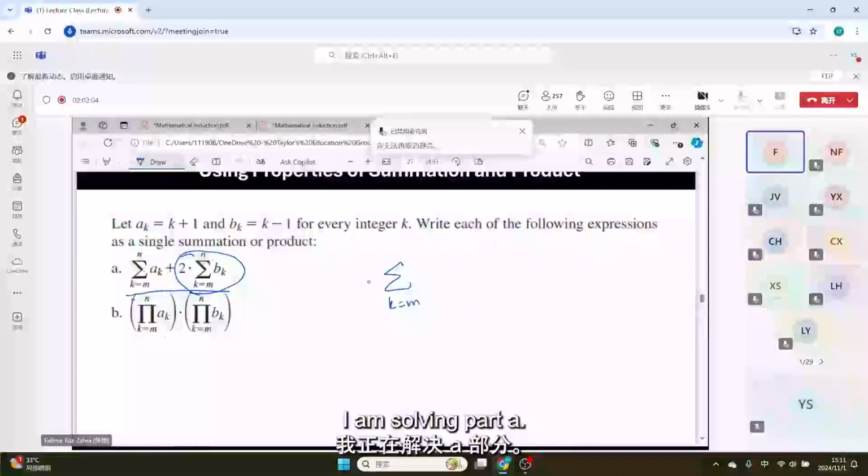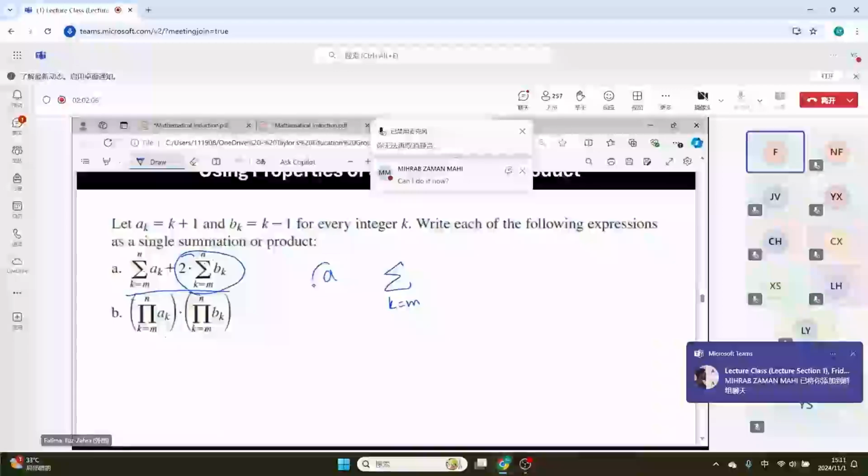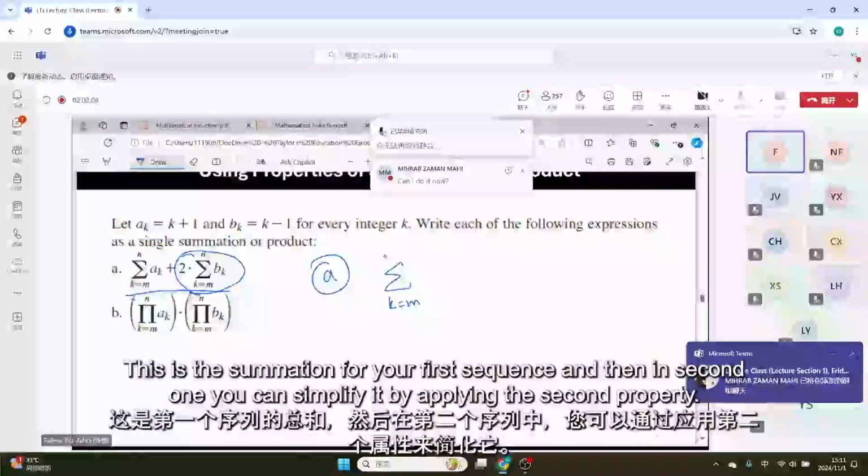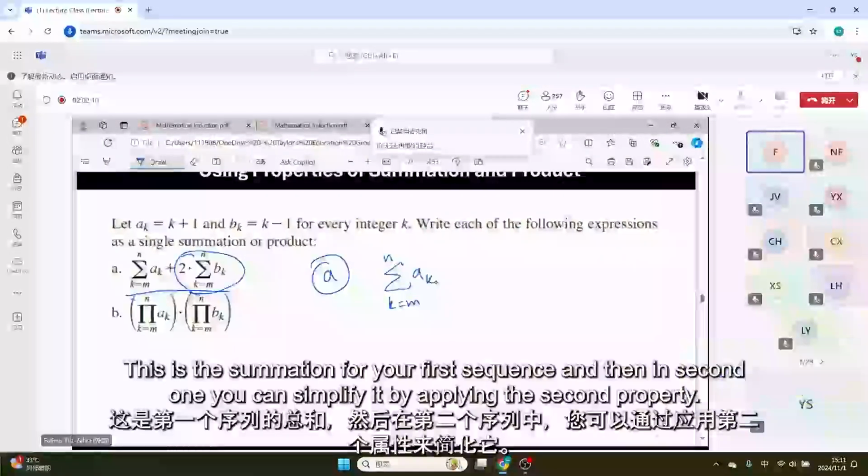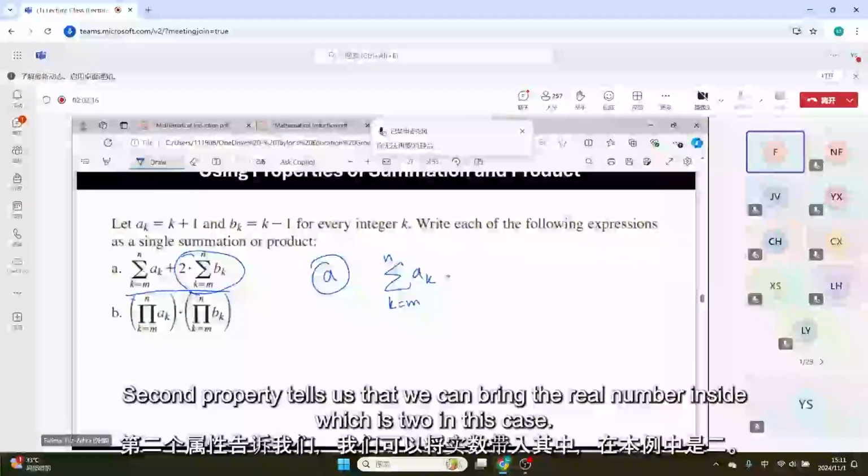I'm solving part A. Okay, n, and you have, this is the summation for your first sequence, and then in second one you can simplify it by applying the second property. Okay, second property tells us that we can bring the real number inside, which is 2 in this case.